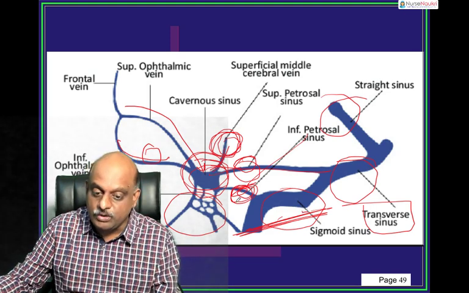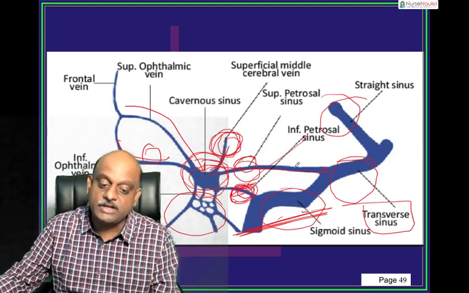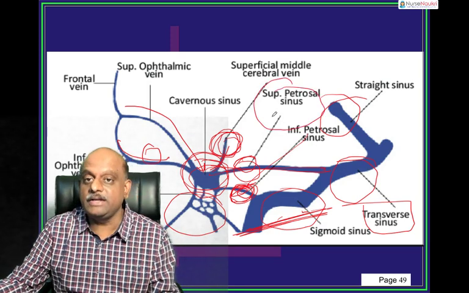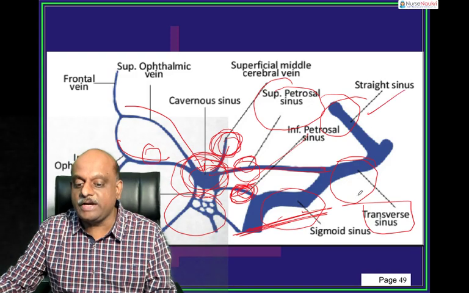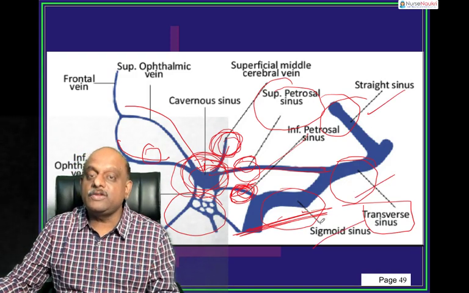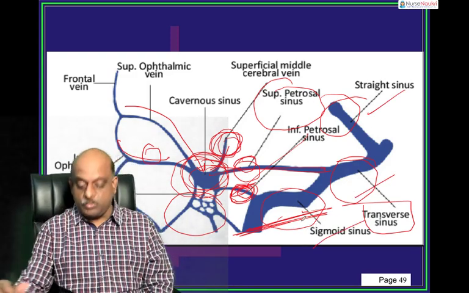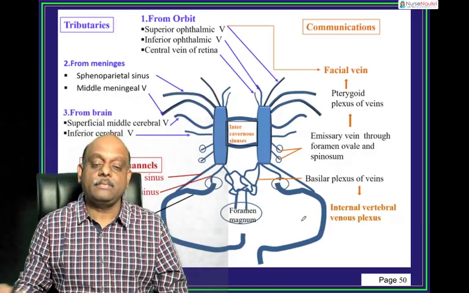Sigmoid sinus through the inferior petrosal sinus, transverse sinus through the superior petrosal sinus. So there is no direct communication between the cavernous sinus and the straight sinus, transverse sinus and sigmoid sinus. That's what you need to remember.